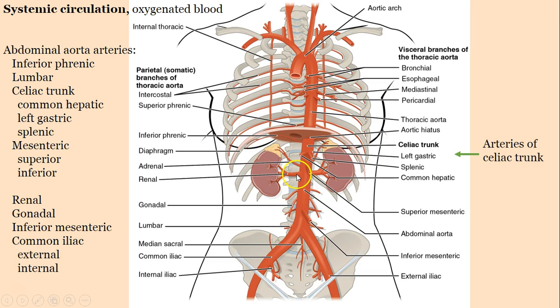Renal is kidneys. Gonadal, we think of the reproductive system, whether it's ovaries or testes. I talked about the inferior mesenteric, and finally the common iliacs. So the iliacs are going to divide into right and left sides, and they're going to go on down into the legs.